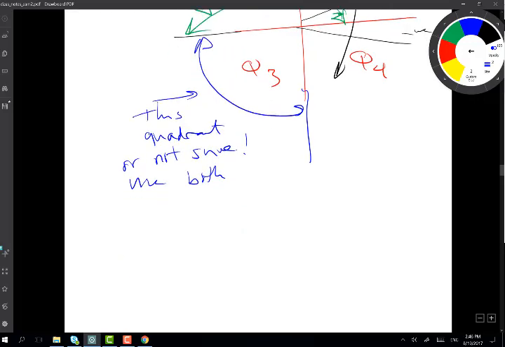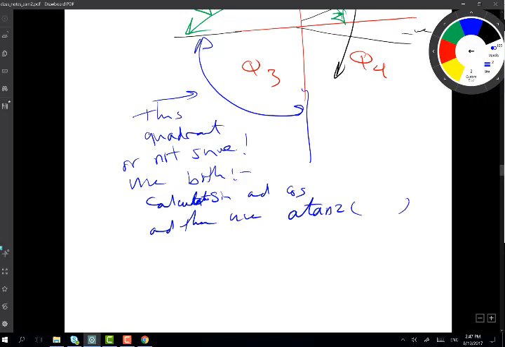In this case, you calculate sine and cosine, and then use atan2, this function atan2 on MATLAB, or many computer applications will give you that.